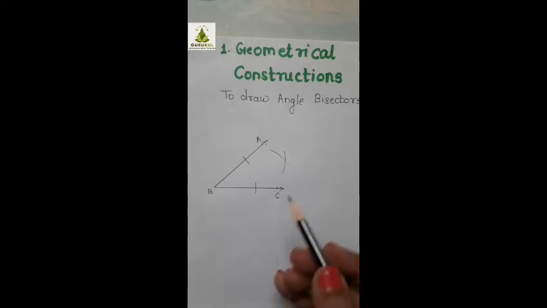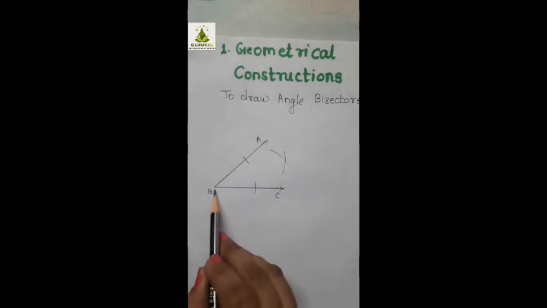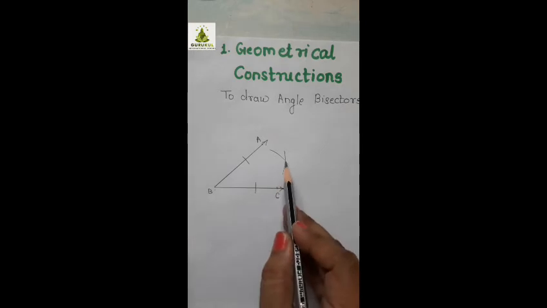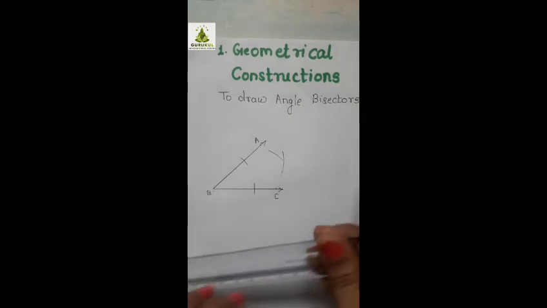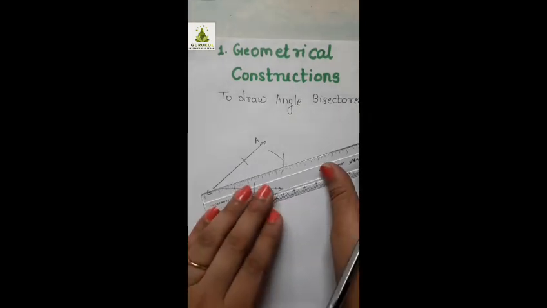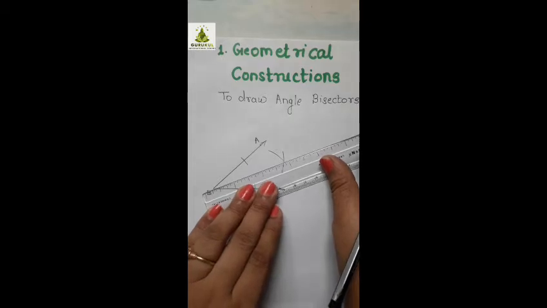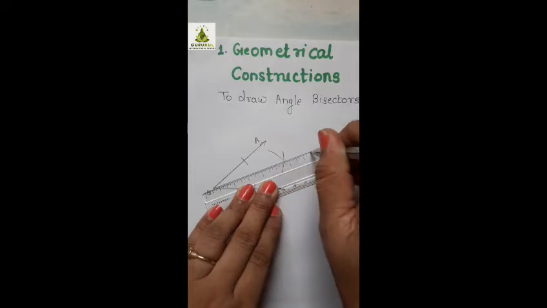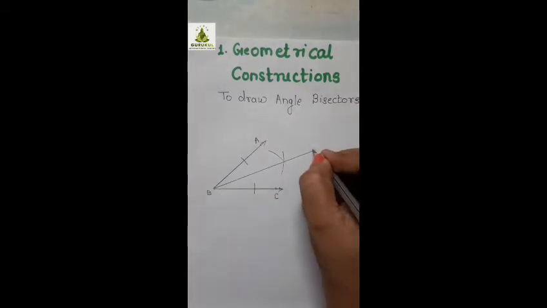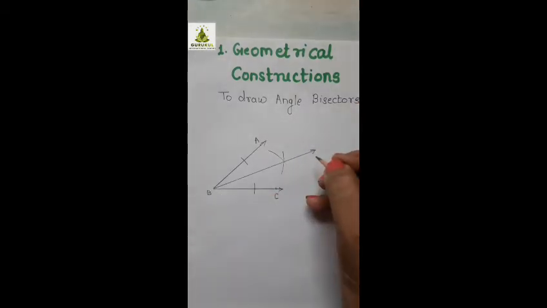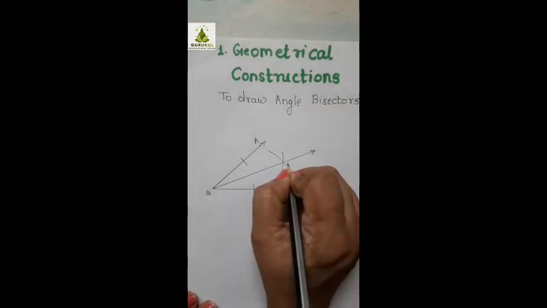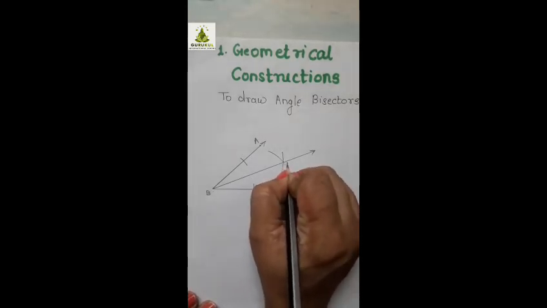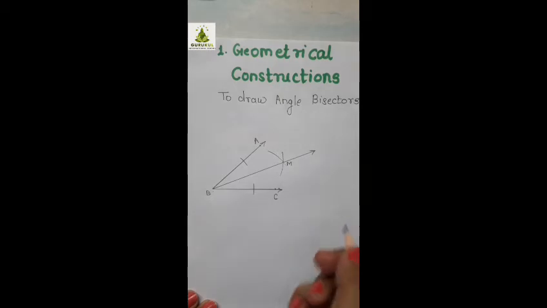After this, you have to join this vertex B and intersection point of these arcs using a scale. Here you can label this intersecting point with any letter.